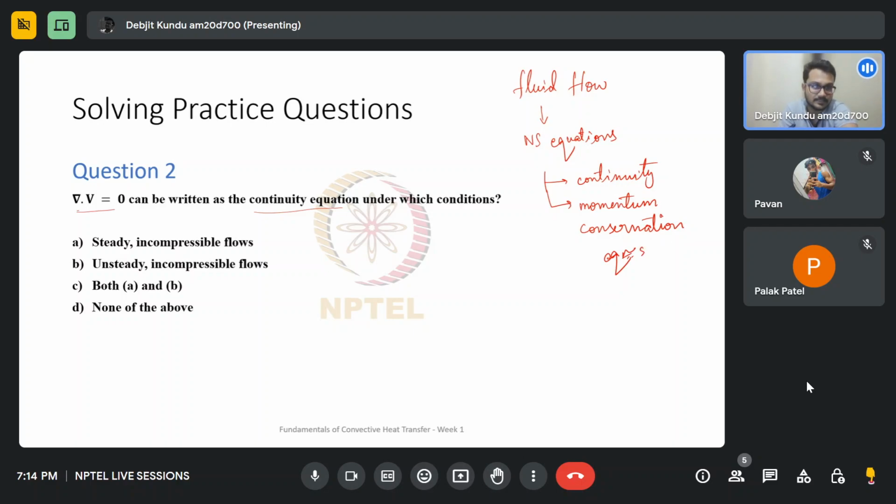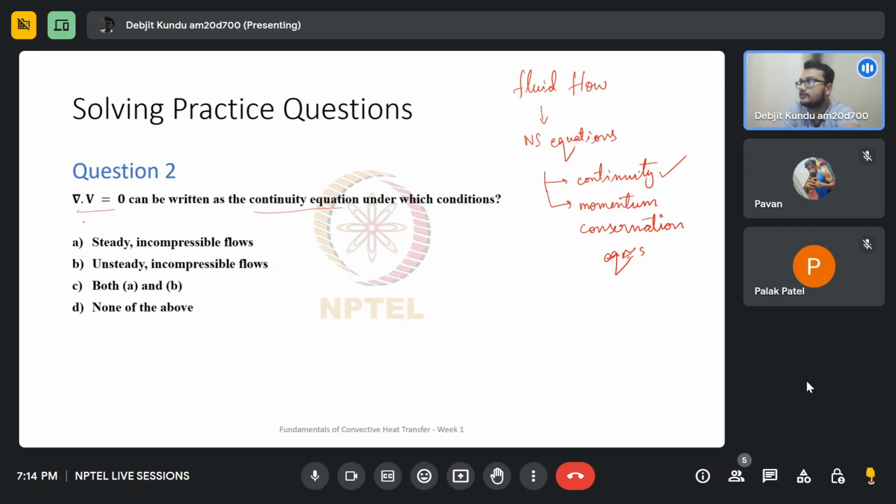So this is the fundamental knowledge which we need even to move further towards understanding convective heat transfer. And one such important item over here is this continuity equation. And this question is related to that.